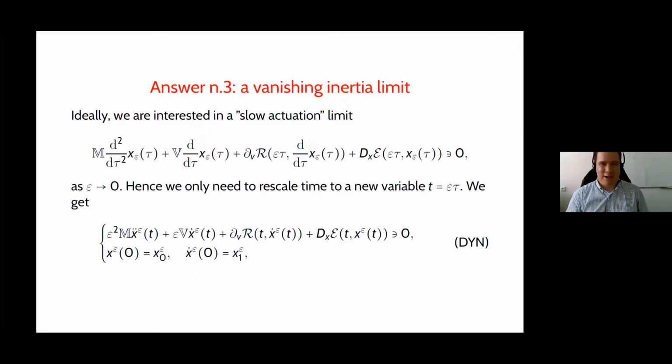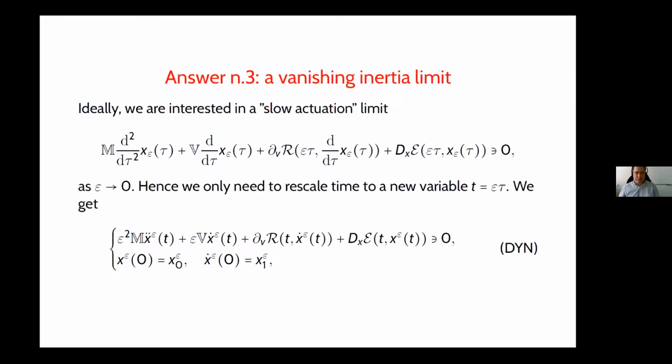Okay, how can we pass from something small to zero? The best way to do it mathematically is, again, as I showed you before, with a slow actuation limit. So instead of rescaling everything to a non-dimensional system, there is one parameter that is really important if we want to reach a limit situation, that is the actuation time scale.